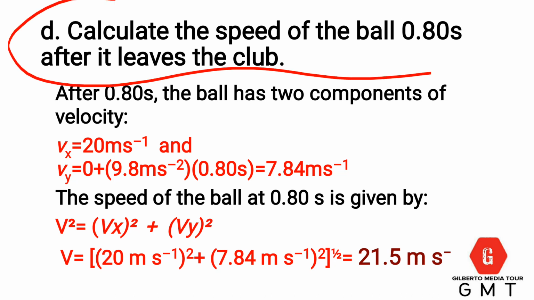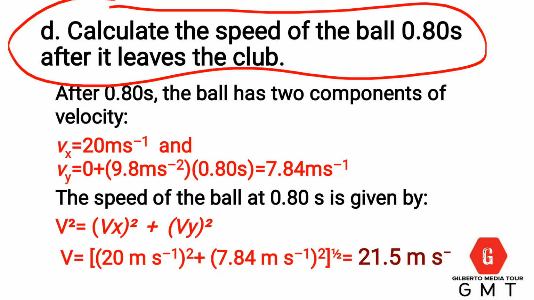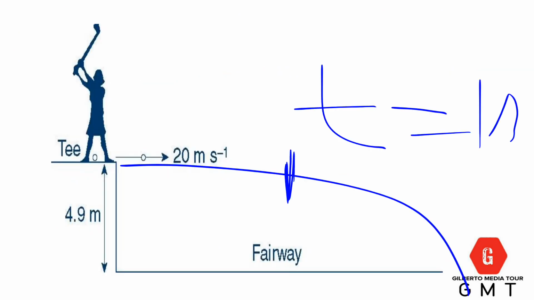Calculate the speed of the ball at 0.8 seconds. At this time, the speed of the ball is not the same, because in horizontal projectile motion, even in oblique projectile motion, we have two velocities: the vertical velocity and the horizontal velocity.